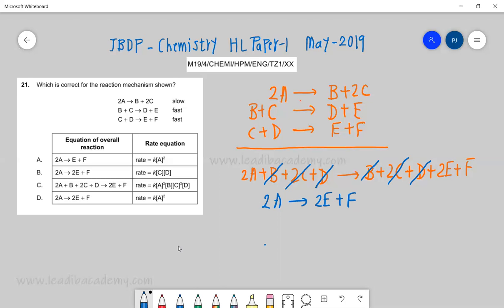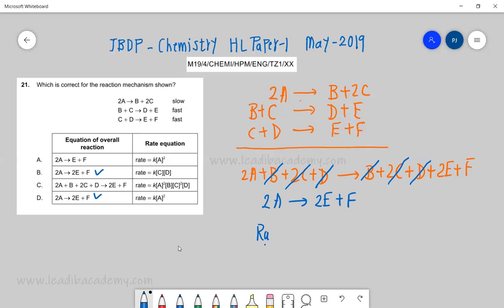Perfect. Then what else can we think of? Another thing we can look into is the rate equation. What is the concept behind the rate equation? We have these two options available, so let's analyze.